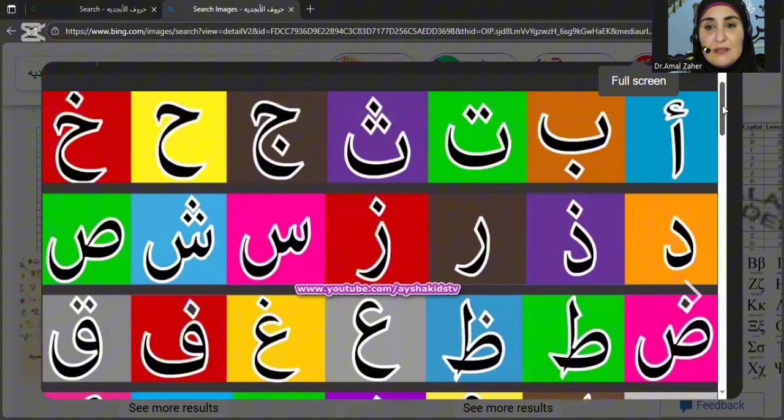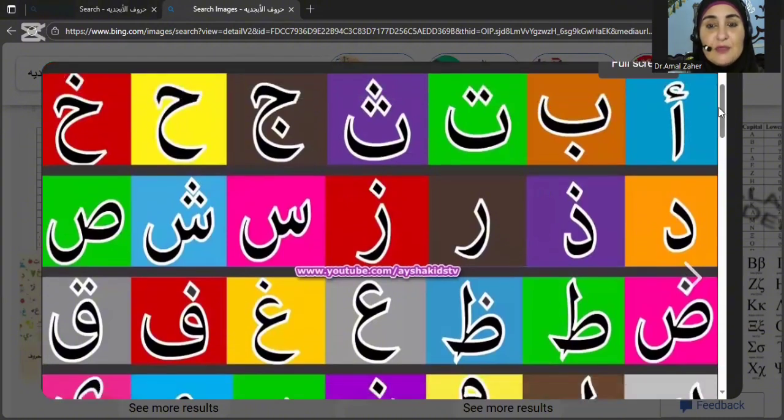The purpose of this, I know from my experience with a lot of students, is that if you look a lot of times at the shape of the letter and pronounce the letter, you know already how to pronounce this letter and how to write this letter. Okay, how will we use it inside the word?